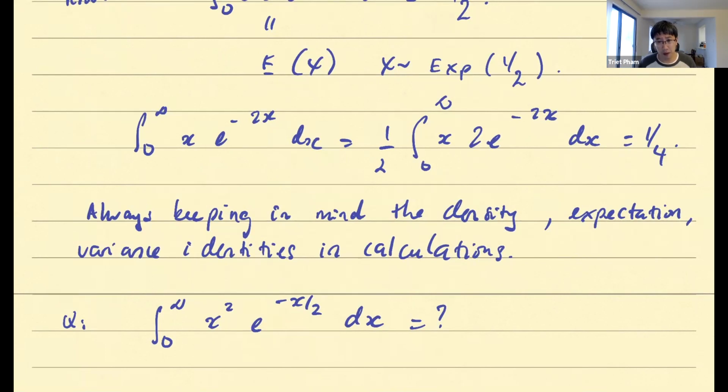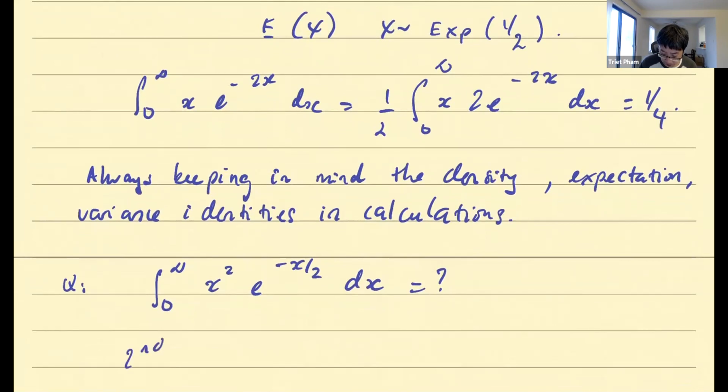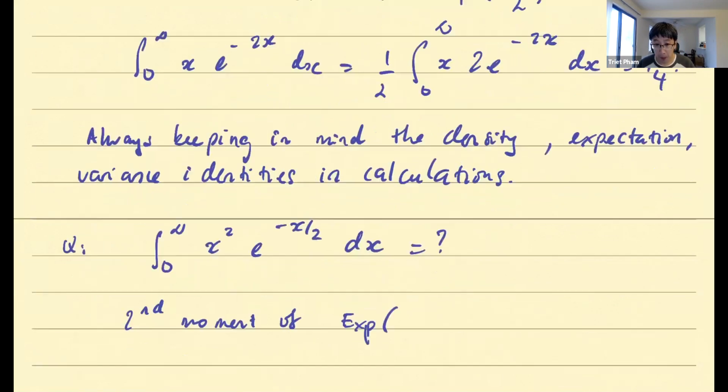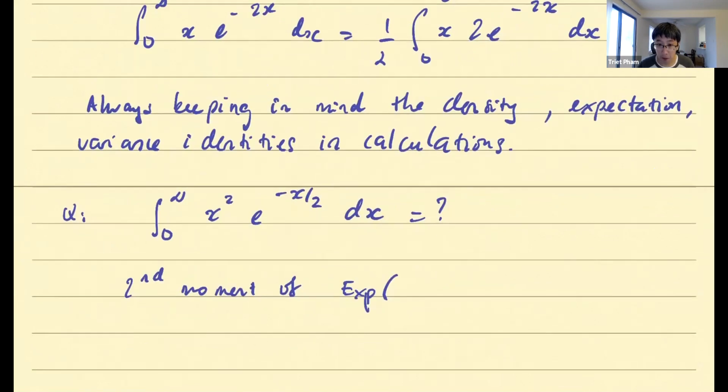The theme, of course, there are times when the normal will show up, but here the theme is exactly the second moment of the exponential. So Christine, what exponential do we have in mind? What is x?